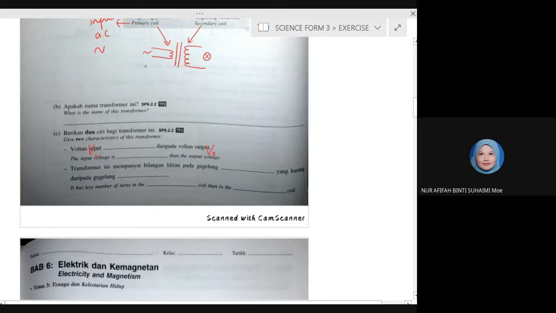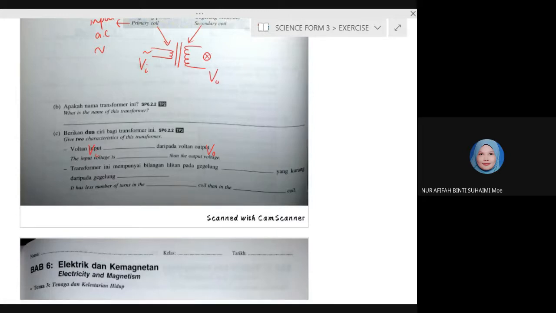So input voltage is at the input. Okay. And output voltage at the output. So look, it depends on the number of turns of wire, which one is larger, which one is smaller. So this means here the input voltage is smaller. Smaller, bigger.